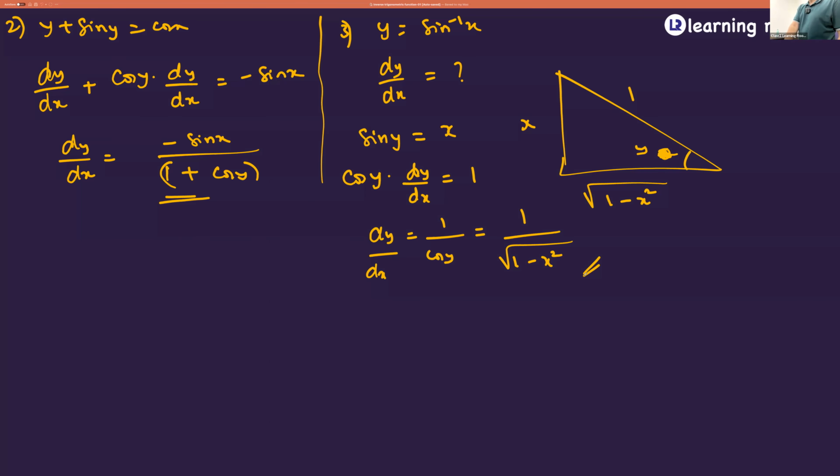Right. Shall we start solving problems based on inverse trigonometry also? So tell me, in exercise 5.3, what is the first question? 2x plus 3y is equal to sin x.